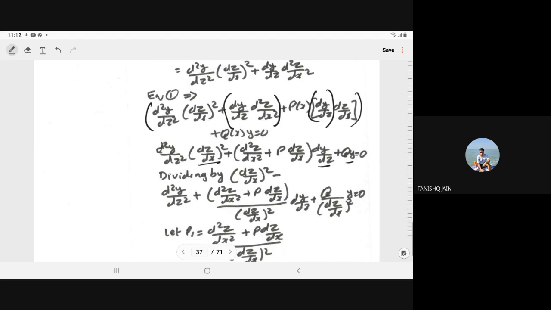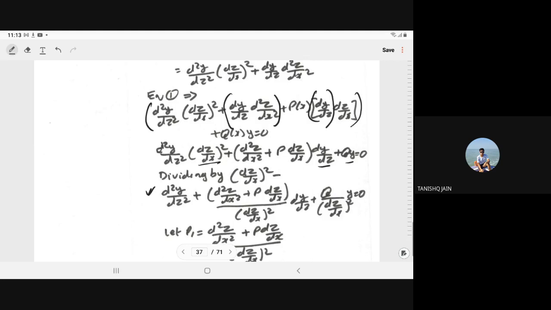If you divide this equation by (dz/dx)², it becomes d²y/dz² plus (d²z/dx² + p dz/dx) upon (dz/dx)² dy/dz plus q upon (dz/dx)² into y equal to 0.